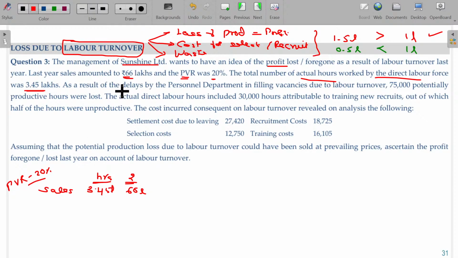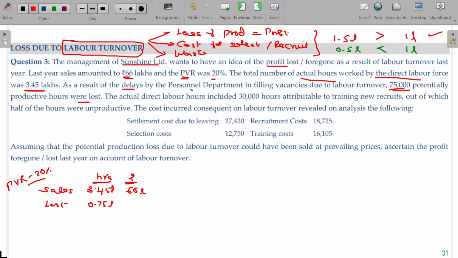As a result of the delay by the personnel department in filling the vacancies due to the labor turnover, 75,000 potentially productive hours were lost. Now, what is the hours lost here? 0.75 lakhs hours lost. For 3.45 lakhs hours of production, they can make sales of 66 lakhs.